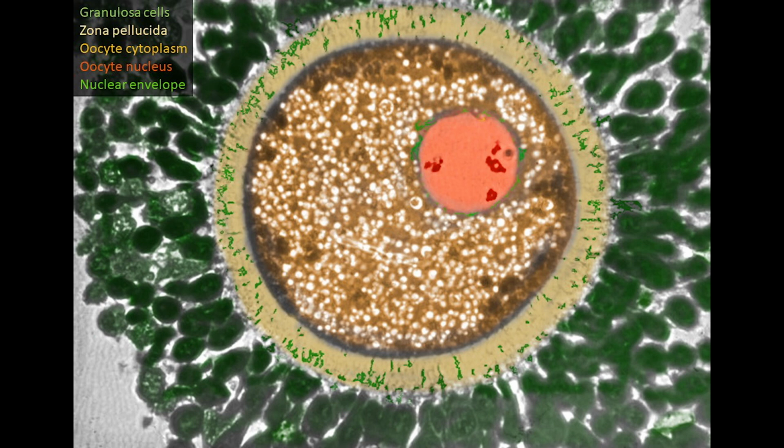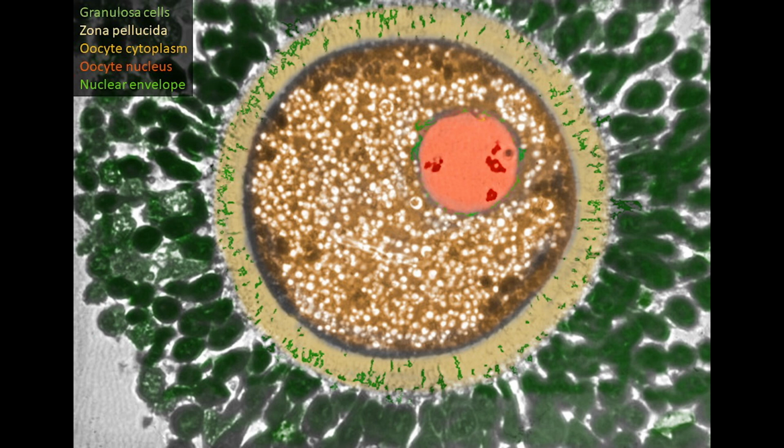The epidermal growth factor signaling cascade is propagated from the mural granulosa cells to the cumulus cells, resulting in initiation of mural granulosa cell luteinization, closure of gap junctions, and production of an extensive extracellular matrix by cumulus cells.